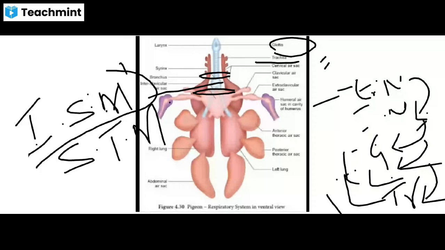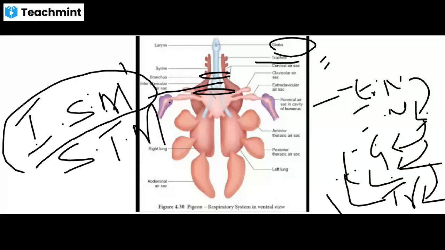Intrinsic muscles arise from the sides of the trachea and are inserted into the syrinx. Next, sternotracheal muscles arise from the sternum and are inserted into the trachea.